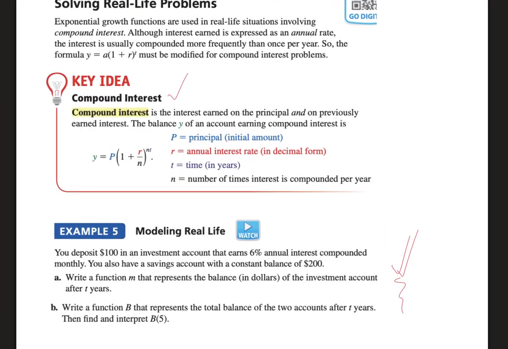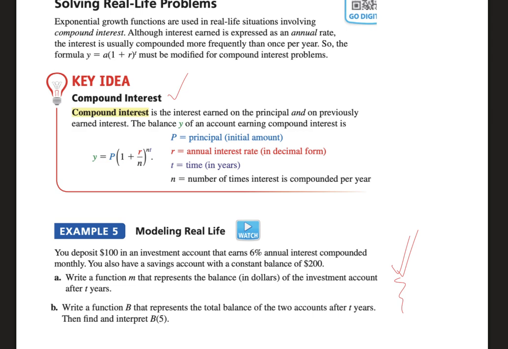So what's going on is, let's just talk about this first. Compound interest is earned on the principal and on previously earned interest. The balance Y of an account earning compound interest is, so here's all this stuff. This is your account. This is how much money you got. This is how much money you put down, the initial amount, also known as the principal. This one is a 1.